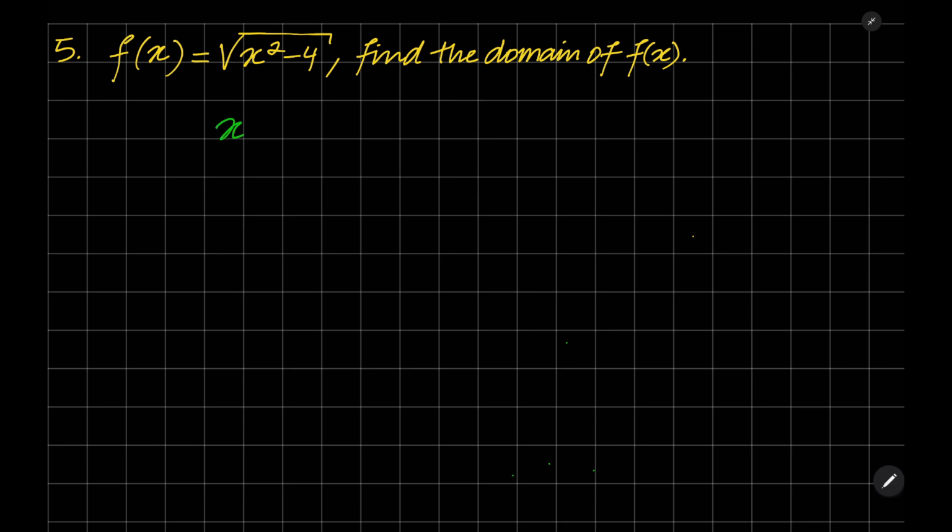So x squared minus 4 must be greater than or equal to 0. Then, if we set x squared minus 4 equal to 0, x squared is equal to 4 and x is equal to plus or minus 2.